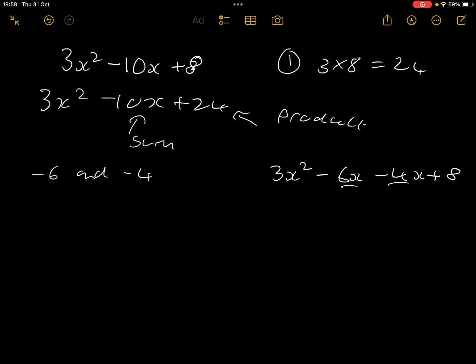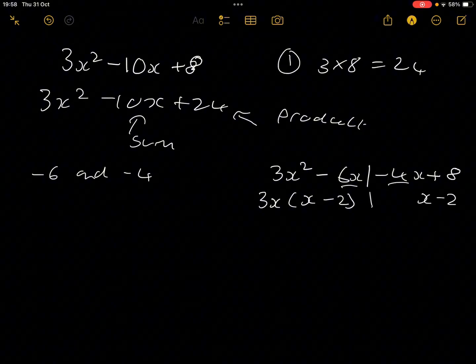So then, we factorise the bit on the left first. Obviously you have to take into account the negative. So you're going to factorise out 3x, and we're going to write that as x minus 2. And as we know that the bit on the left must be x minus 2 here, and the bit on the outside must give that, so I believe it will be minus 4.